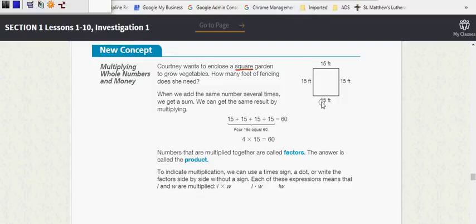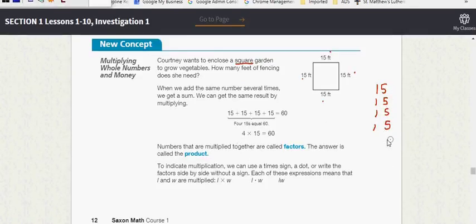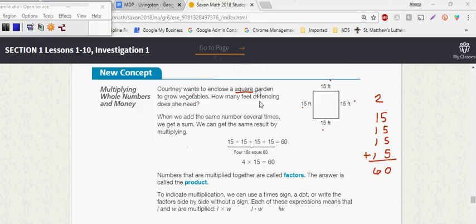We learned adding, putting our addend 15 together all 4 times, 1, 2, 3, 4 sides in a square would give us, you'd have to line up your tens and ones, or use a calculator, I suppose, and you would get, this is 20. And then 2 plus 3, 4, 5, 60, right? And that was a little bit more time consuming than it needs to be, is what they're saying.